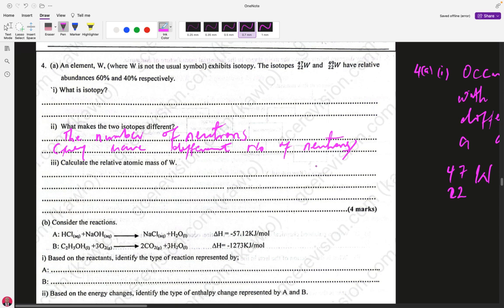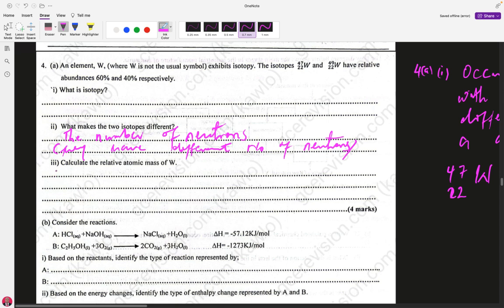Calculate the relative atomic mass of W. Since we have been given the relative abundances, the 60% was for 47.